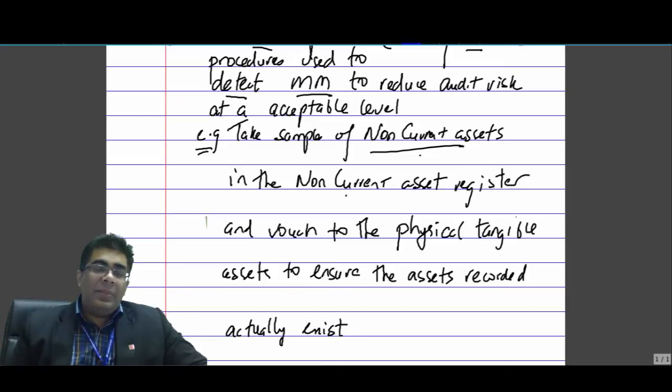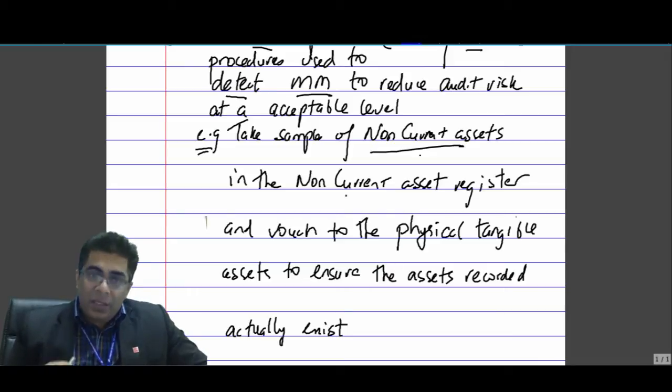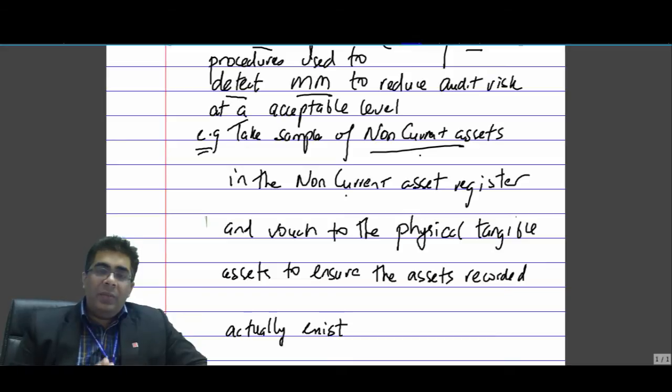That's what you call substantive test, meaning it's a procedure to detect the material misstatement at an assertion level already. Yeah, instead of test of control. So the same scenario, if you were asked to make the test of control of the same scenario, your answer will be different.